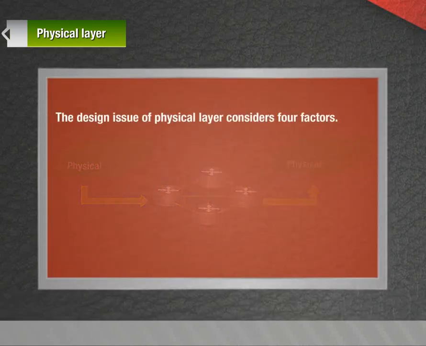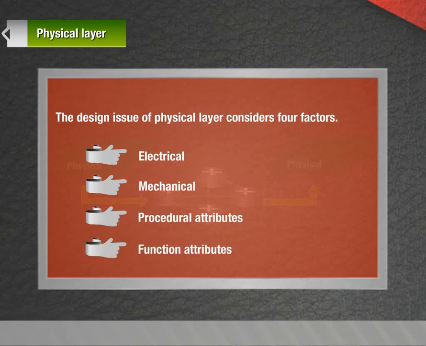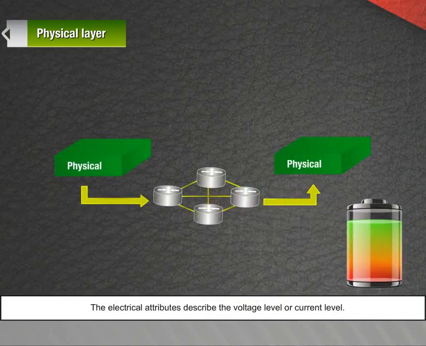The design issue of the physical layer considers 4 factors: electrical, mechanical, procedural, and functional attributes. The electrical attributes describe the voltage level or current level.